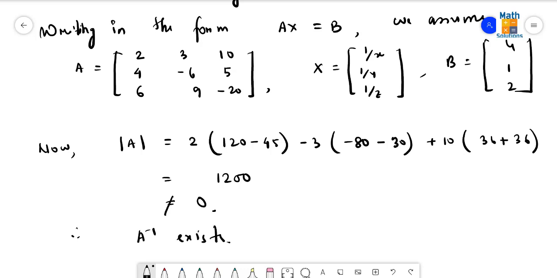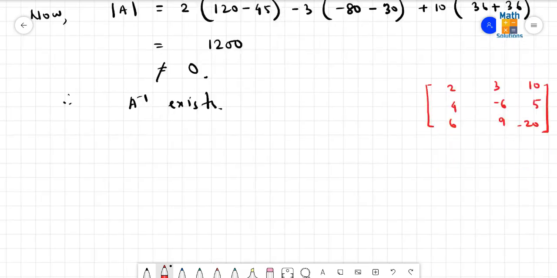Now let us write this matrix once again, which will be required for finding out the cofactors. 2, 3, 10, then 4, minus 6, 5, then 6, 9, minus 20. So let us find out the cofactors.